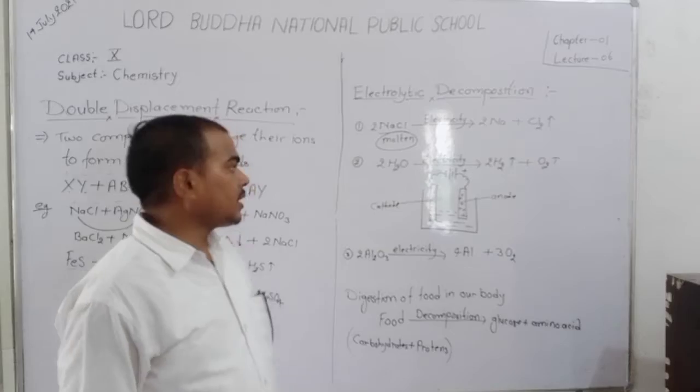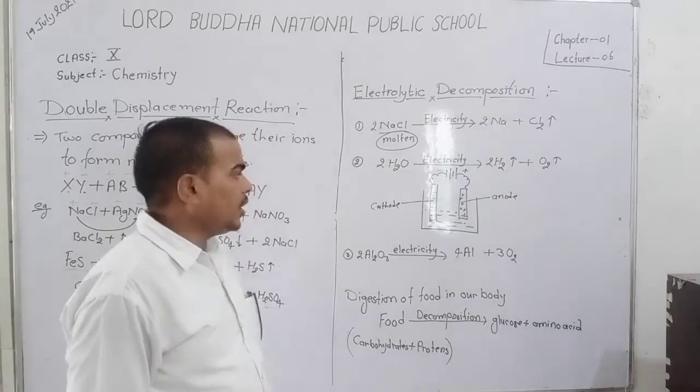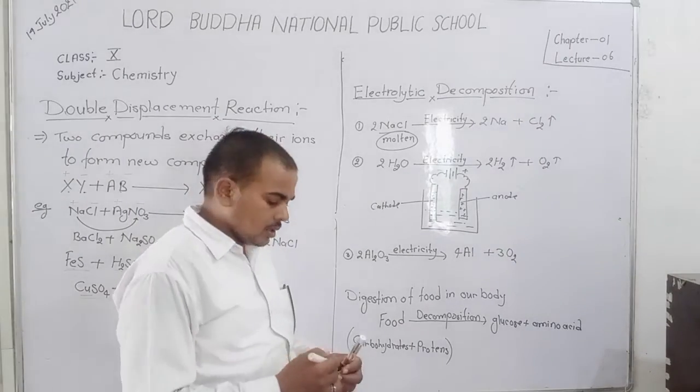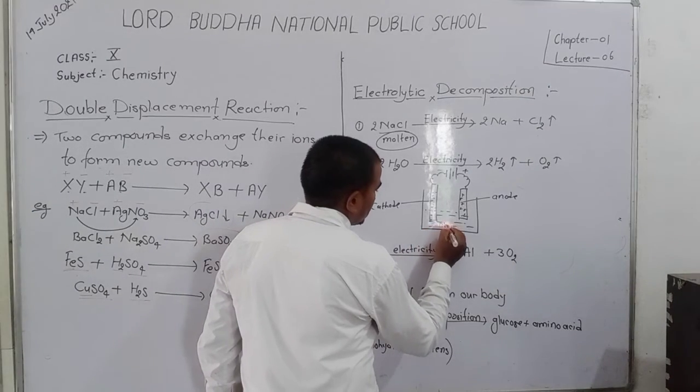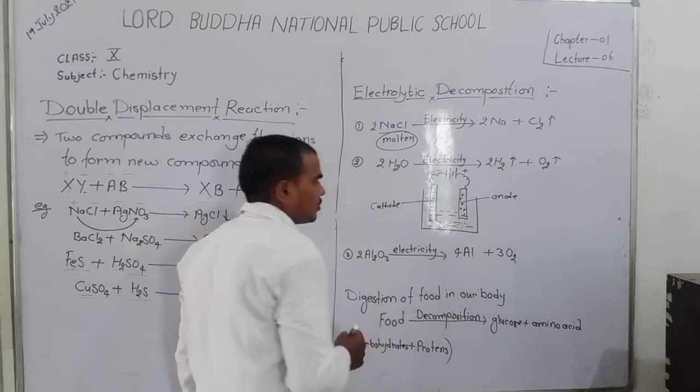When you apply electric current to the molten solution of NaCl, NaCl converts into Na plus and Cl minus.